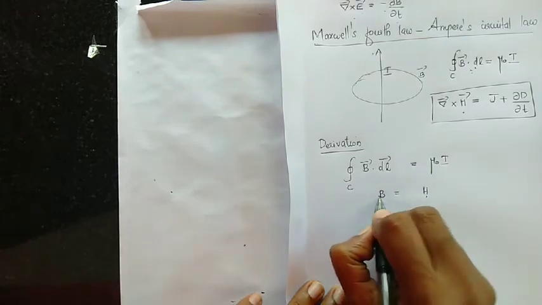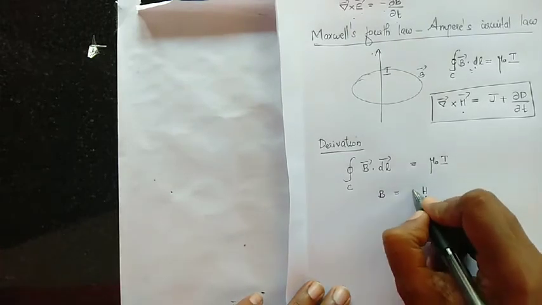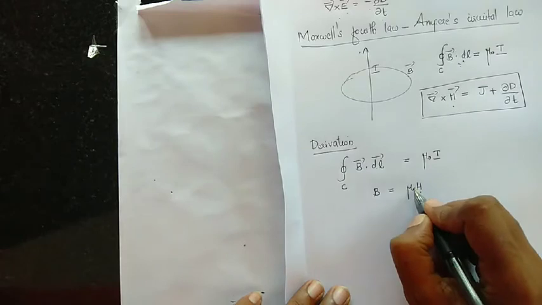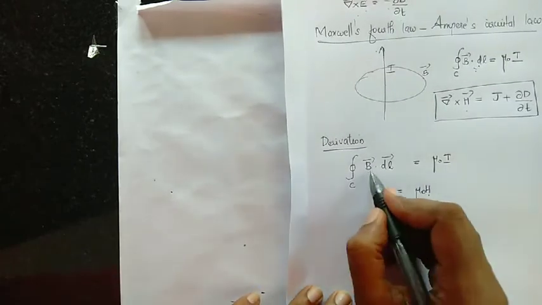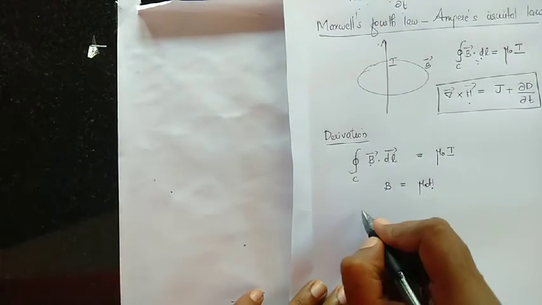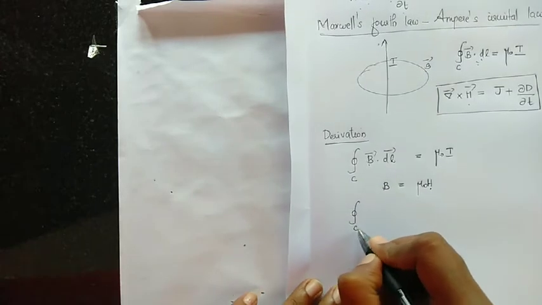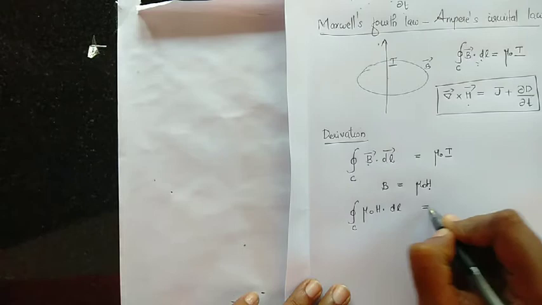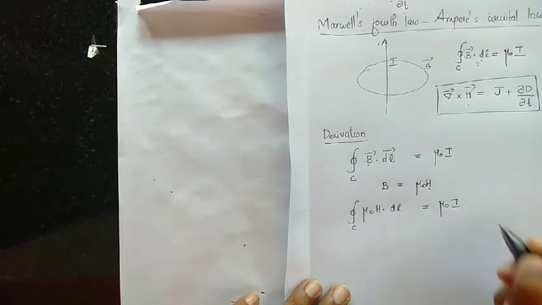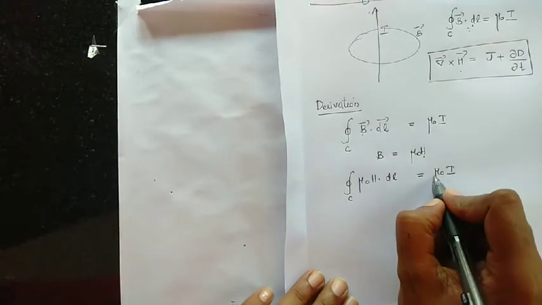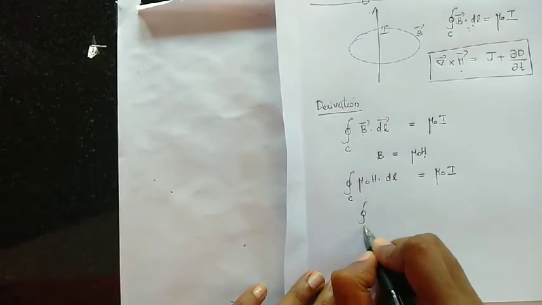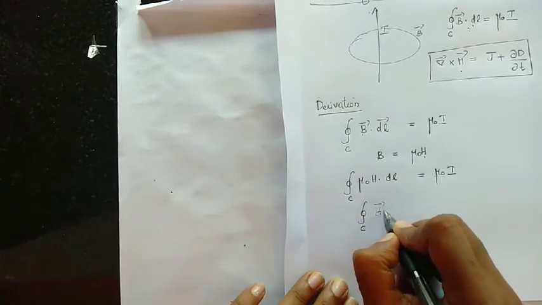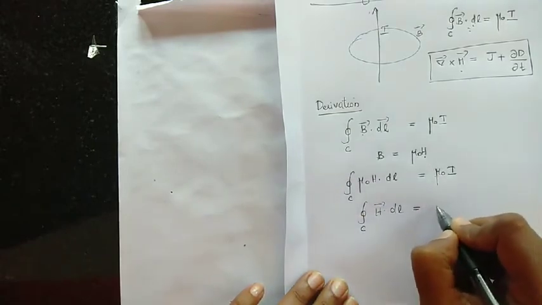It is related to the magnetic field by B equal to mu 0 into H. Substituting for B, it will become closed integral over C mu 0 into H dot dl, and the right side equal to mu 0 into I. Mu 0 and mu 0 cancel, and you will get closed integral over C H dot dl is equal to I.